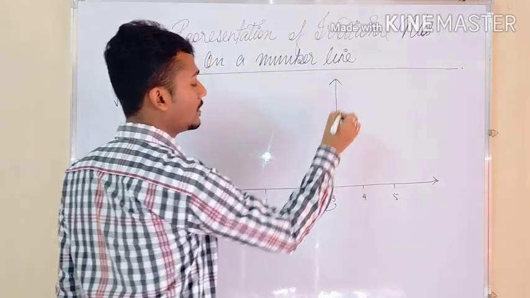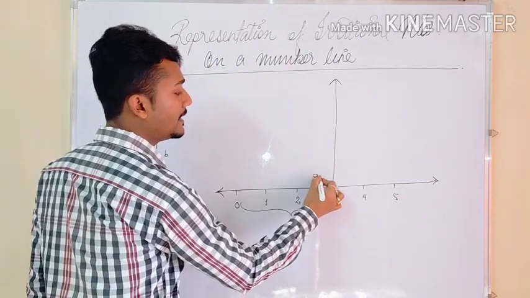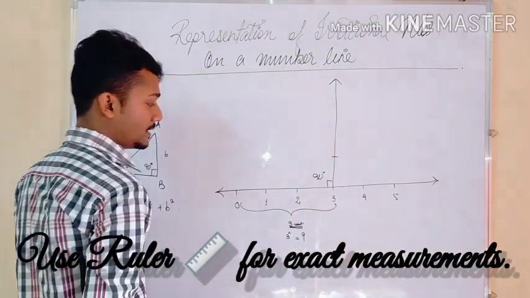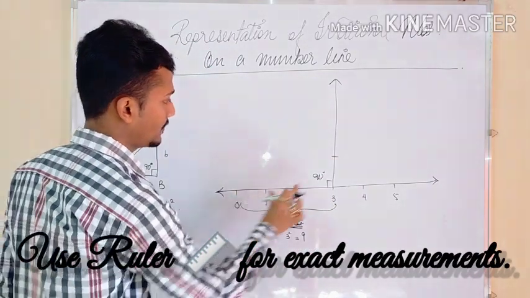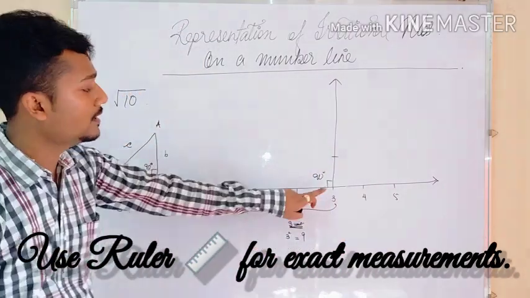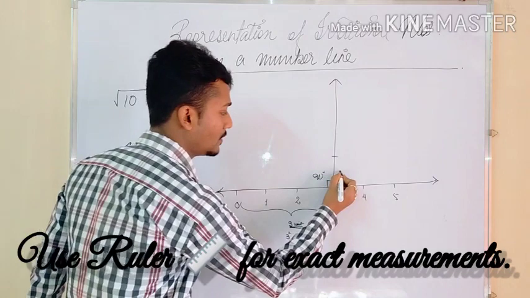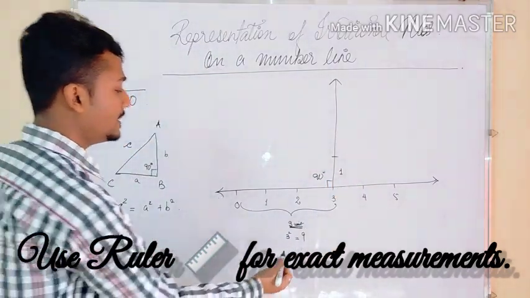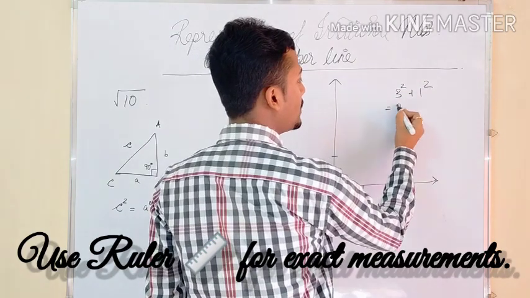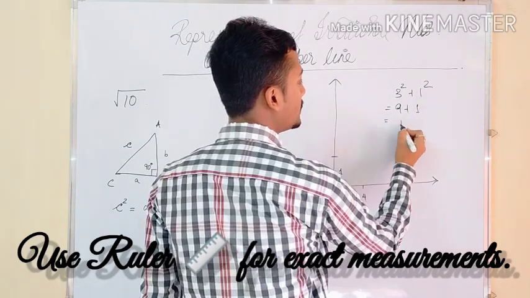Here I will take a 90 degree angle, and from here to here it is 1 unit. That means 3 square plus 1 square is equal to how much? 9 plus 1 is equal to 10.